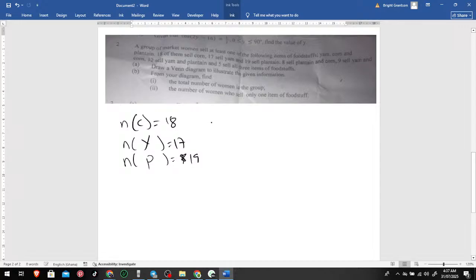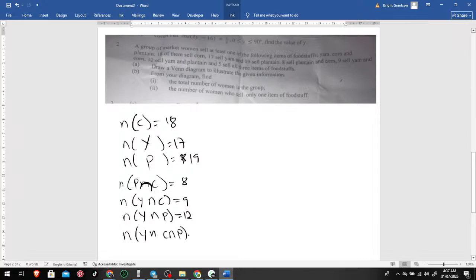Now 8 sell plantain and corn. 9 sell yam and corn. 12 sell yam and plantain. 5 of them sell all the 3 foodstuffs. Number of yam and corn and plantain is 5.